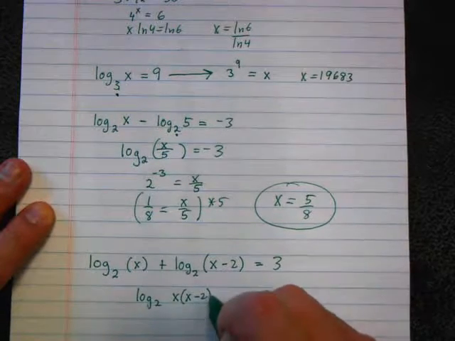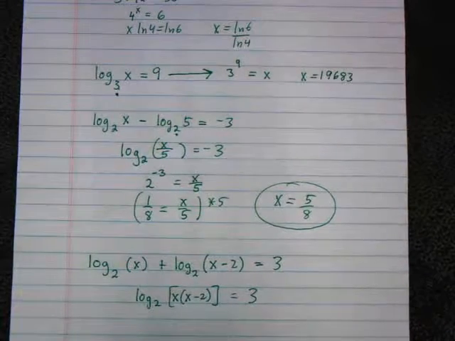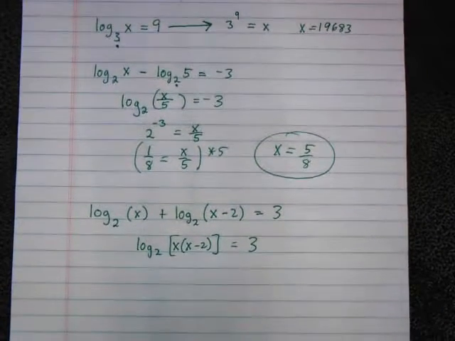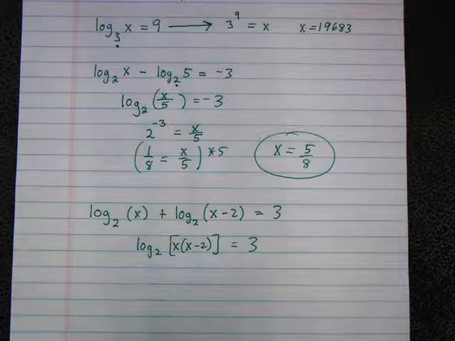Same sort of deal. We see that we have more than one logarithm. When we have more than one logarithm, we have to combine them together. In this case, since we're adding, it becomes multiply.